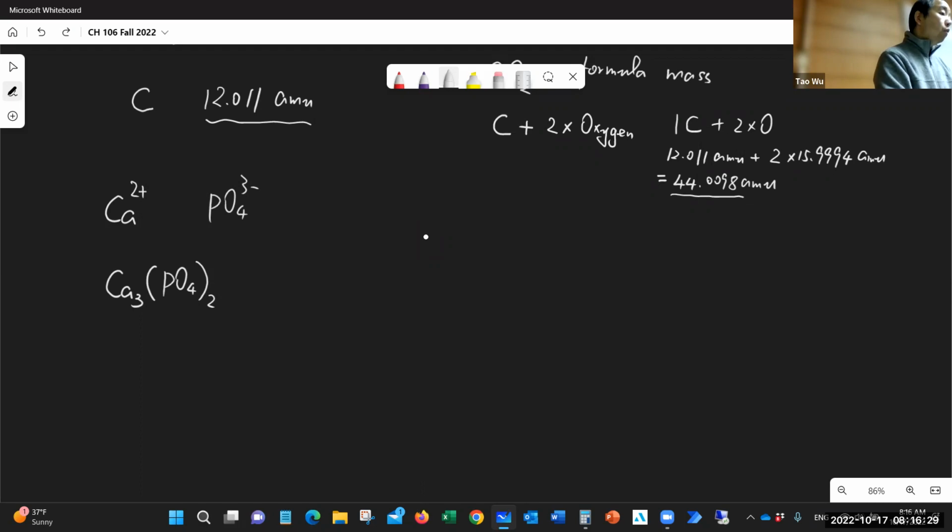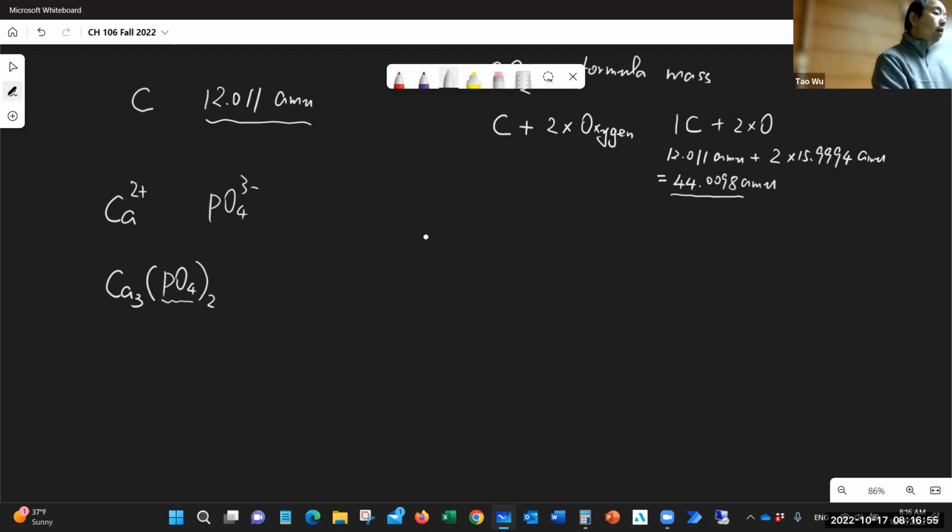So you don't have to count how many phosphorus and how many oxygen. We just need to count how many total phosphate we have. This one is more easily figured out. You just need to figure out the mass for the phosphate, and then multiply by 2, which gives the total mass of the phosphate part.